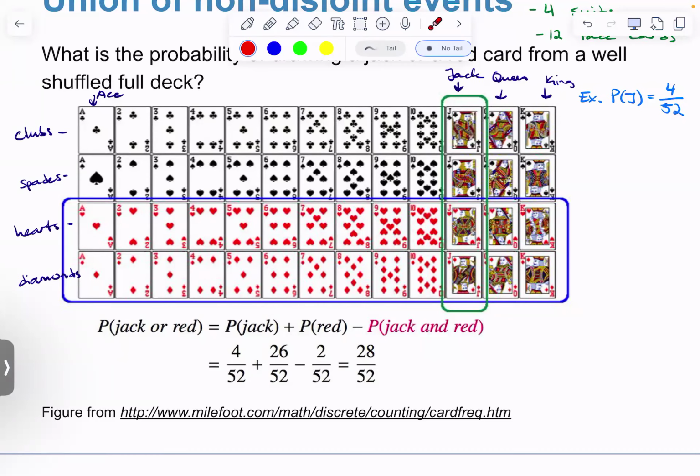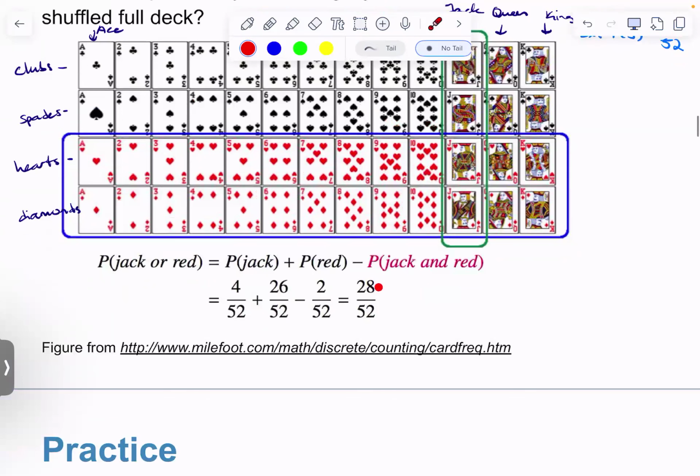So we can do the same thing. We can count up how many of those cards satisfy being either a jack or red. If you did that, you would find 26 plus 1 plus 2, putting me at 28, which is what we have here.